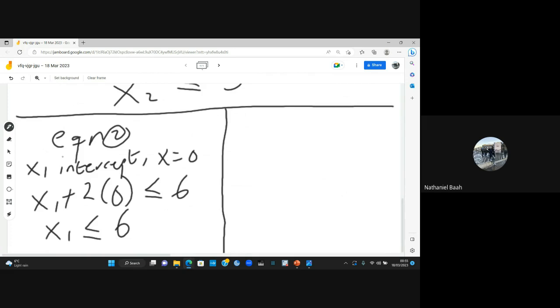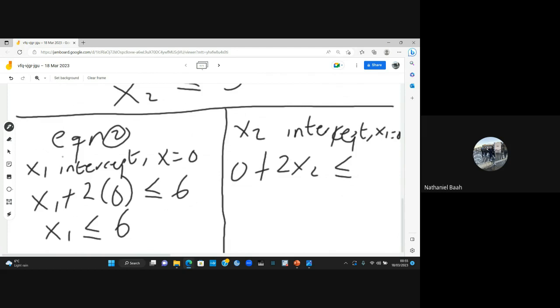Now, let's look at x2 intercept. Then x1 should be equal to 0 from the same equation 2. So we are going to get 0 plus 2x2 less than or equal to 6.